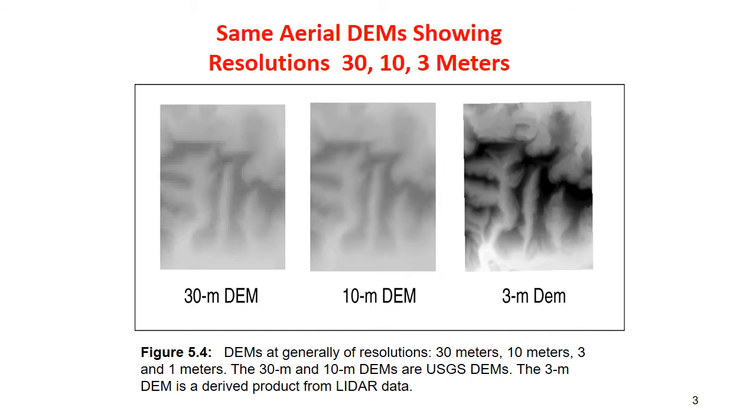Or if you go on the net and try to find the free data without making any payment, most probably you will get a 30 by 30 pixel size digital elevation model of Pakistan or America. Now the next one, the right side or middle one, is clearer with respect to the left side 30-meter digital elevation model.